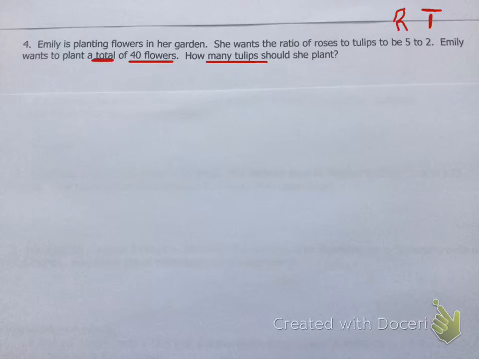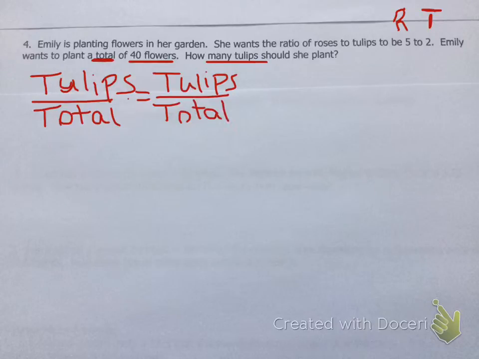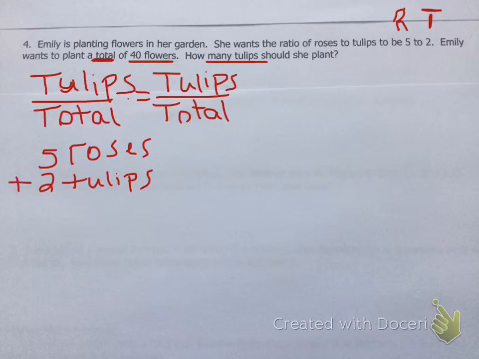So our ratio in words is going to be tulips over total flowers equals tulips over total flowers. Okay, so if there's 5 roses and 2 tulips, in that ratio, we have a total of 7 flowers.